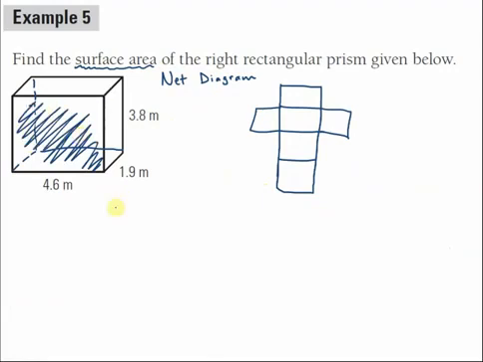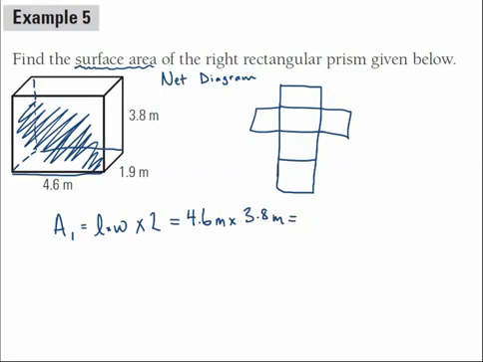Now, I see that the first front area is a rectangular shape, so the area of 1 is length times width. And I'm going to assume there's one at the back, so I'm going to double that up. That length happens to be 4.6 meters times the width of this rectangle, which is 3.8.